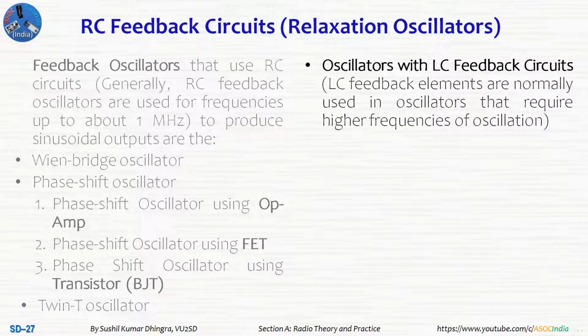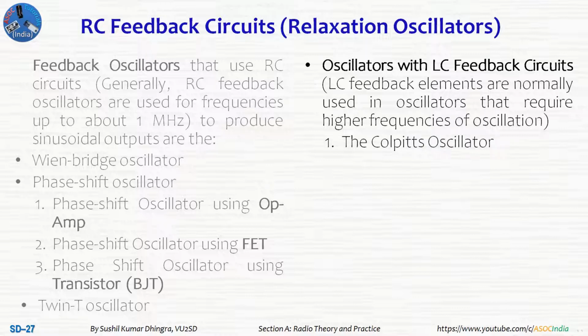The other type of oscillator uses LC feedback circuits. They normally use inductance and capacitance for higher frequencies, more than 1 megahertz, note down it. So this kind of feedback circuit using LC or tank circuit is preferred for higher frequencies.